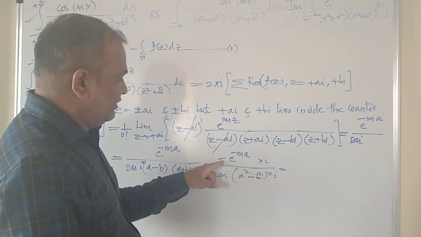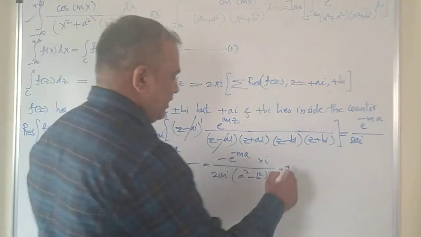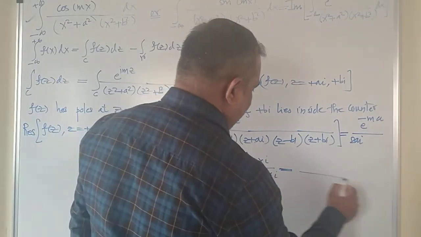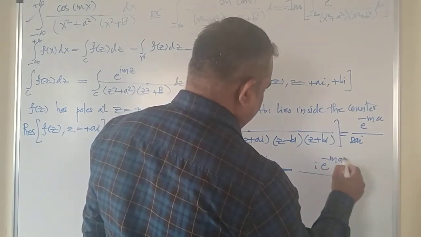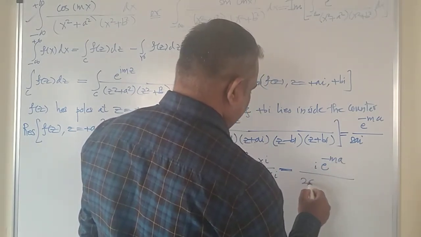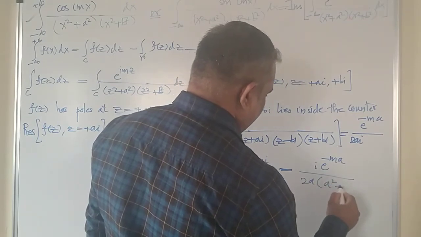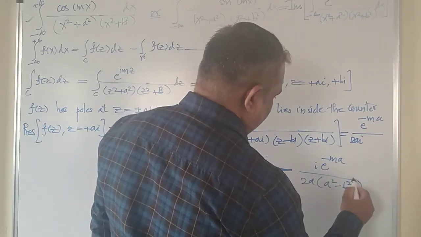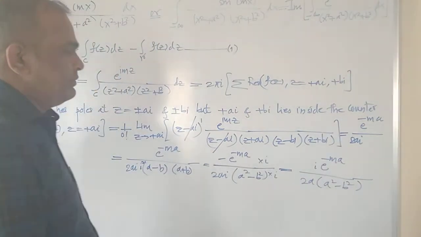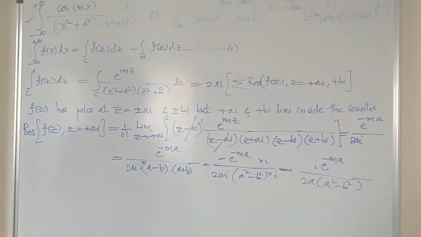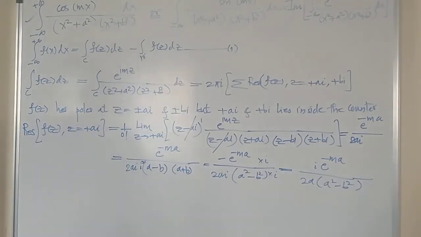This will give you this sign as positive, and your final residue will be i times e raised to minus πm a divided by 2a into (a squared minus b squared). So this is your residue of the function, right? First residue, of course. Similarly, calculate the second residue.